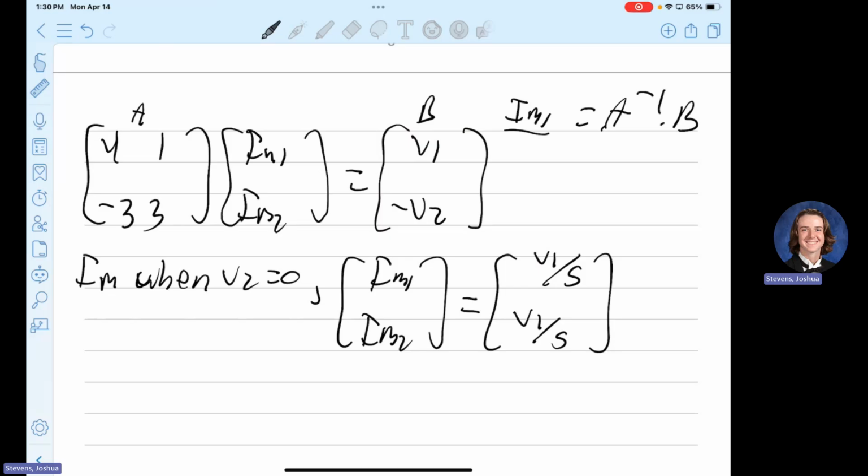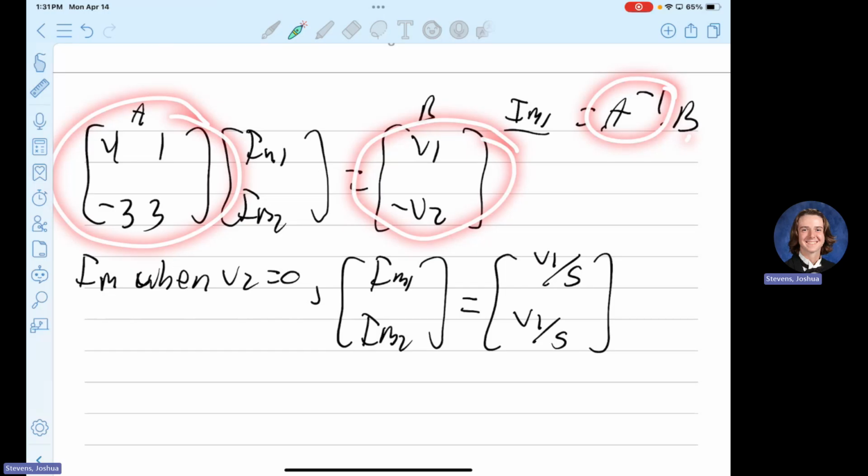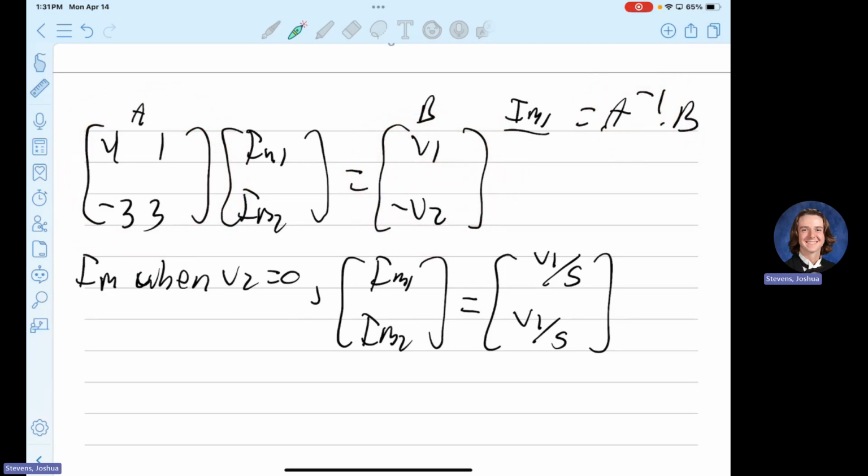Anybody? Yay, nay? Does that sound familiar to anybody? Like I literally just made a matrix in my calculator, and then took the inverse of that matrix. I made this matrix in my calculator, took the inverse of it, and then multiplied it by this, to where there's a V1 here, and the V2 is 0. So then my IMs are now in terms of V1s. Anybody got any questions on that? Yay, nay, maybe? No? Okay, I'm gonna move on.